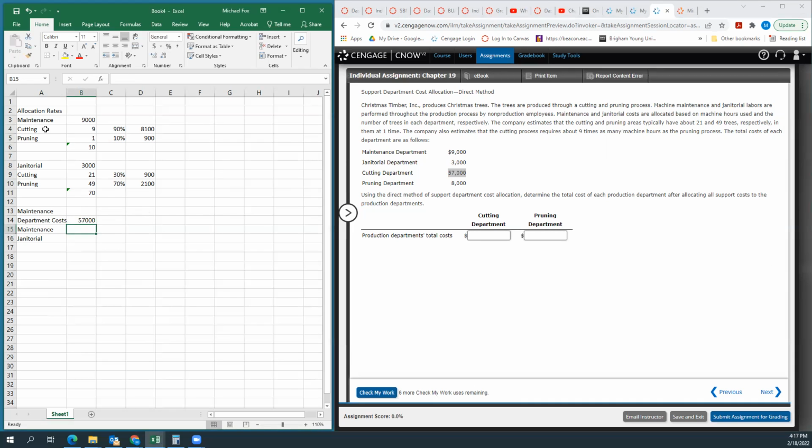Maintenance, we figured out that the cutting department will be responsible for $8,100 of those maintenance costs, and will be responsible for 900 of those janitorial costs.